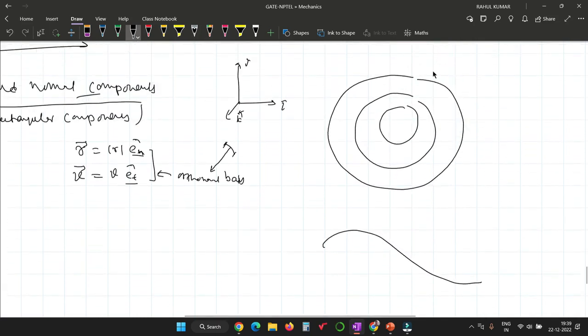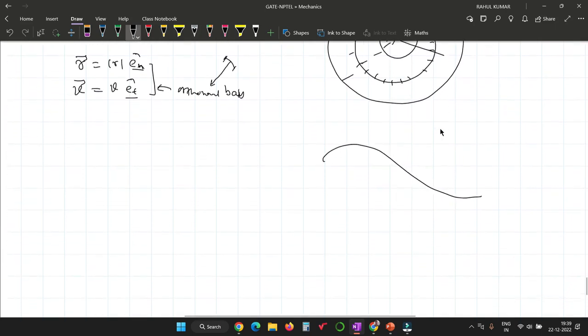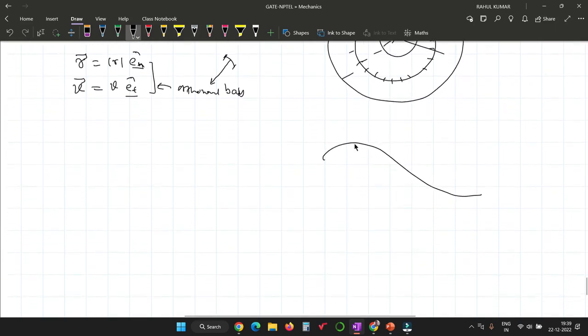In polar, things are constant at each theta, and just the radius changes at each instant of time. But in curvilinear motion, you can see that the e_n direction changes, and e_t is also changing.